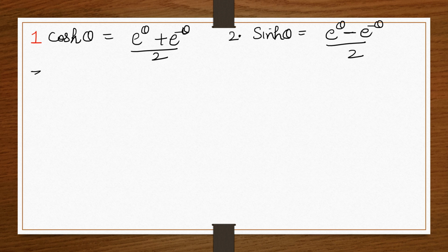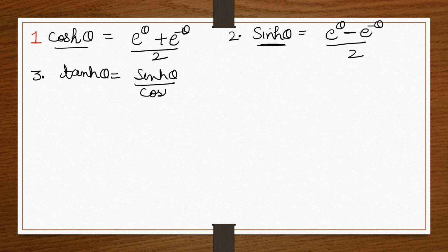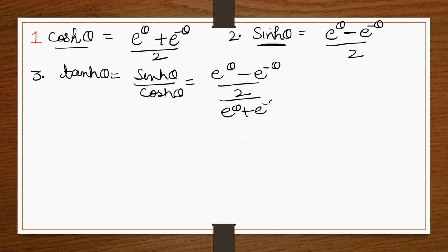Now further, in order to find tan hyperbolic theta, we'll just divide sine by cos. Okay, so sine hyperbolic theta over cos hyperbolic theta. We already have the values. Substitute the values. So here we have minus theta over 2. Okay, this will be cancelled. So this is the formula.